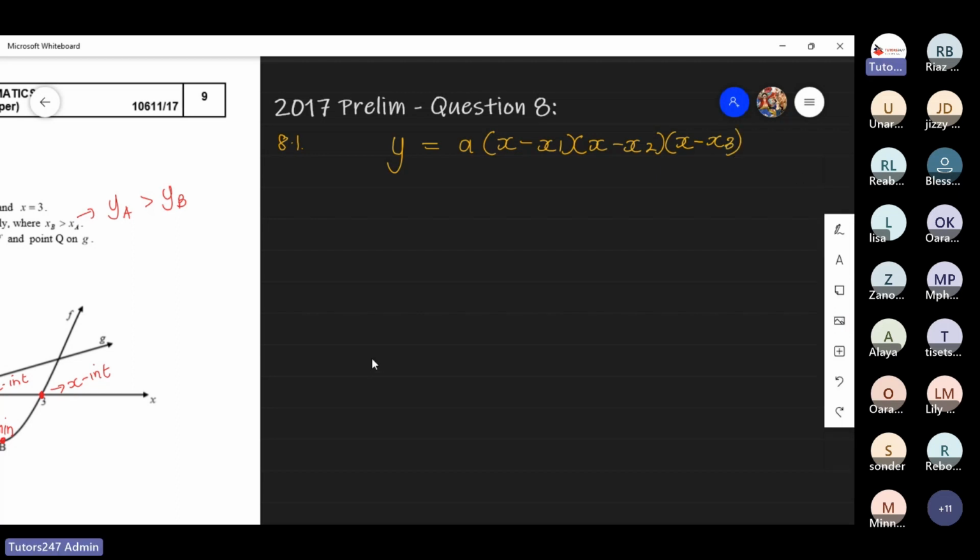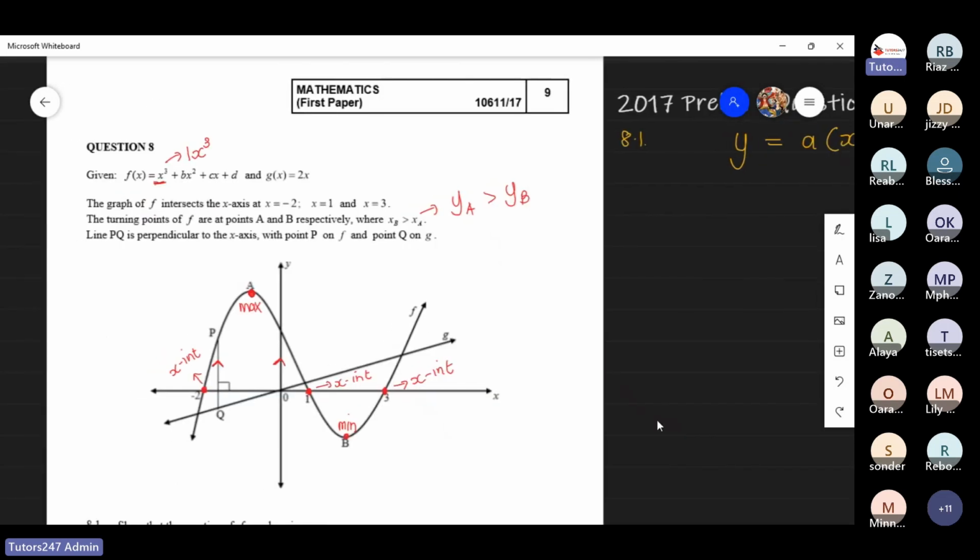The only reason that I can use this formula is because the cubic function has 3 x-intercepts. So if you look here, we were told that we've got x-intercepts, x equals -2, x equals 1, and x equals 3. Because we have all 3 x-intercepts, I can now substitute those values into x1, 2, and 3.